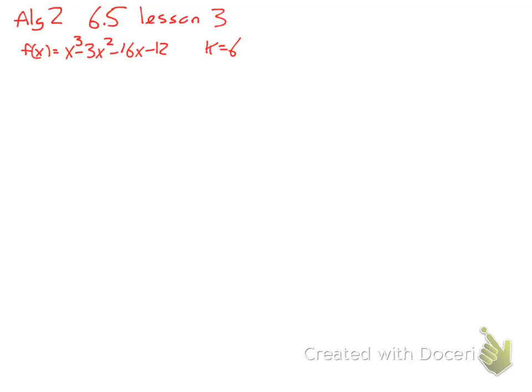So we're just going to use synthetic division and say, if I put in 6 for synthetic division, and I'm going to draw a little skeleton out here, we're hoping that if I put a 6 here, I will end up with a 0 here. That's what it's going to tell me. So if I do things right, I should end up with a 0 here when I plug in 6 there.